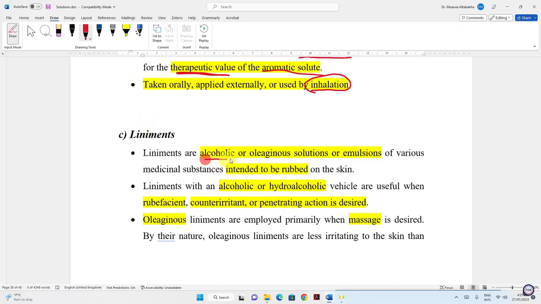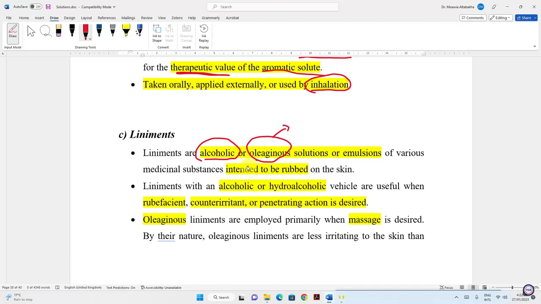One type is alcoholic, the other type is oleogenous. Oleogenous is nice because when you apply it to the painful area, it will allow you to do massage. Massage is good in these areas.